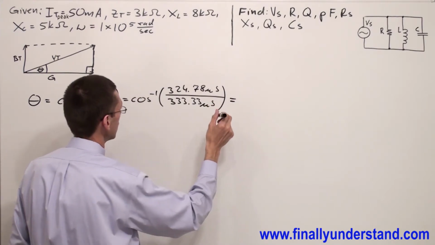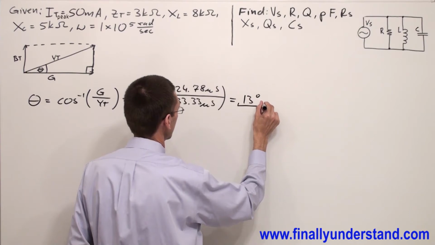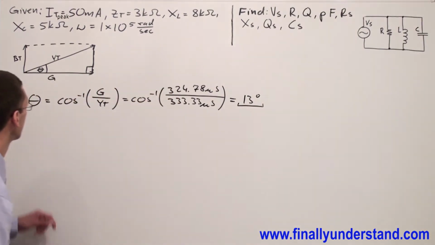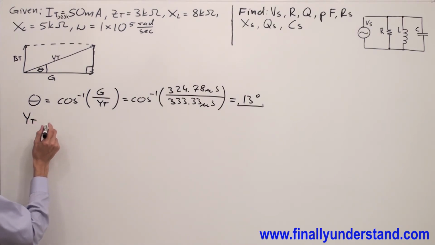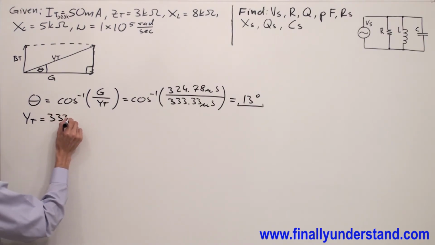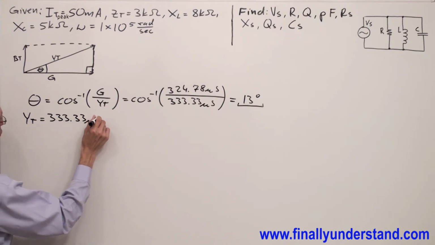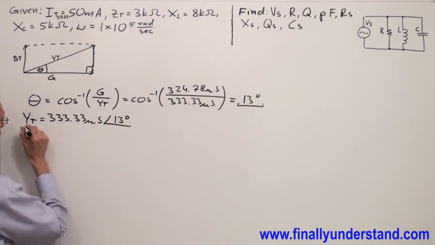This is equal to 13 degrees. Okay, so this is the angle which I'm going to write next to Y total. So Y total is equal to 333.33 microsiemens, and an angle of 13 degrees. Okay.